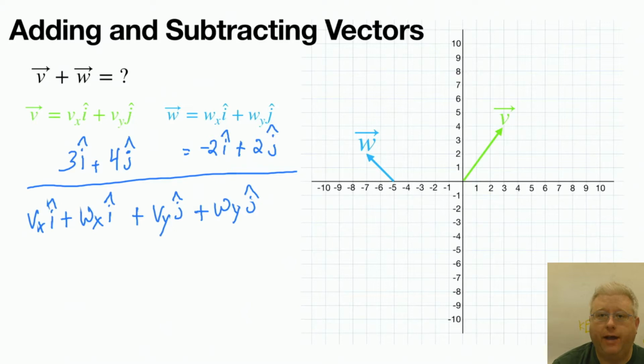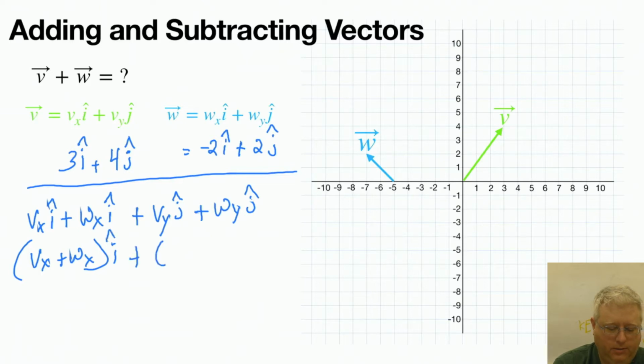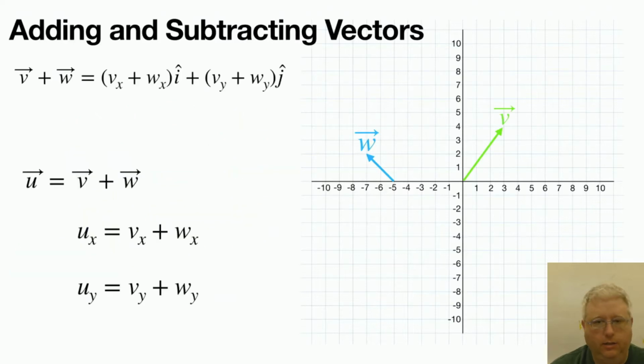Then we could factor out those terms and make this a little cleaner to look at. So we could say vx plus wx, factoring out the i hat, plus vy plus wy, factoring out the j hat. So a little bit neater. And typed, it looks a lot neater than my handwriting.